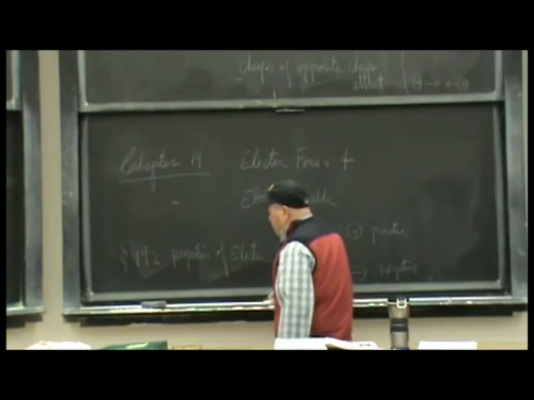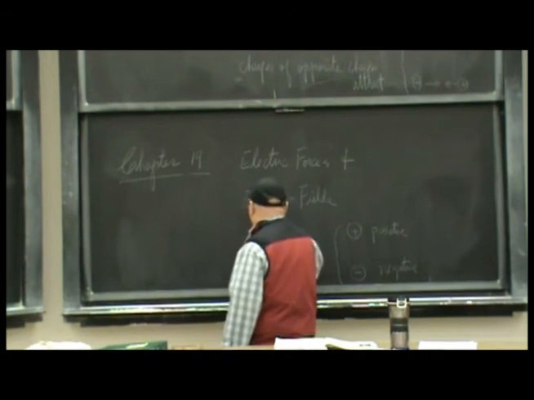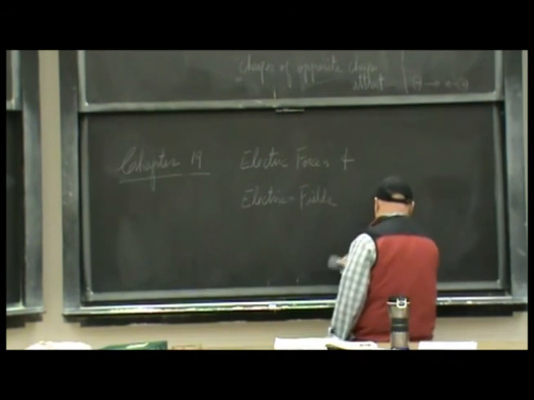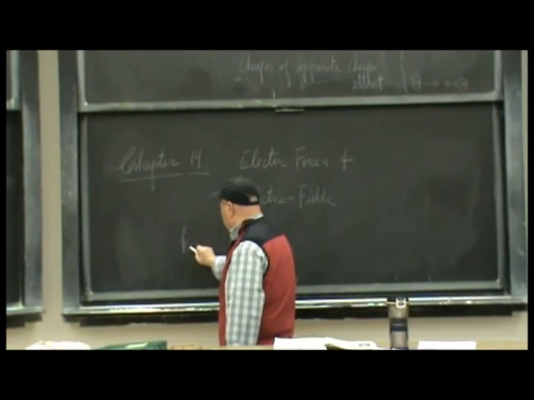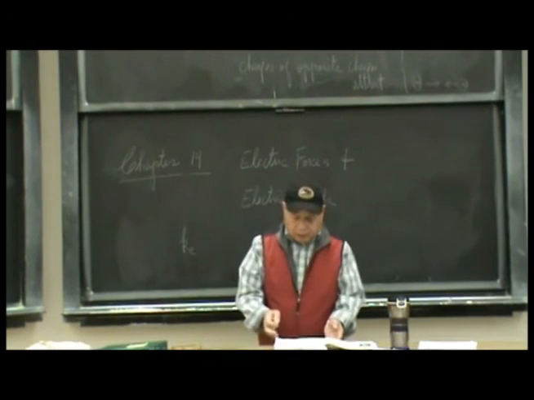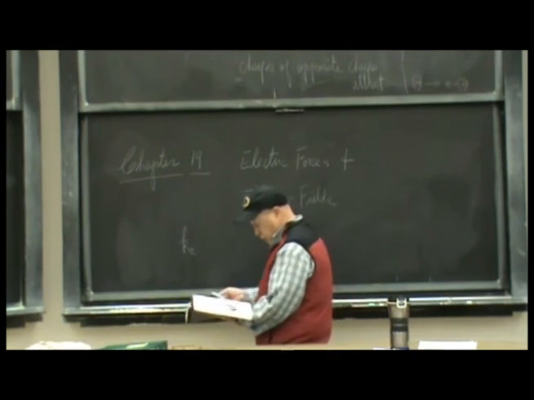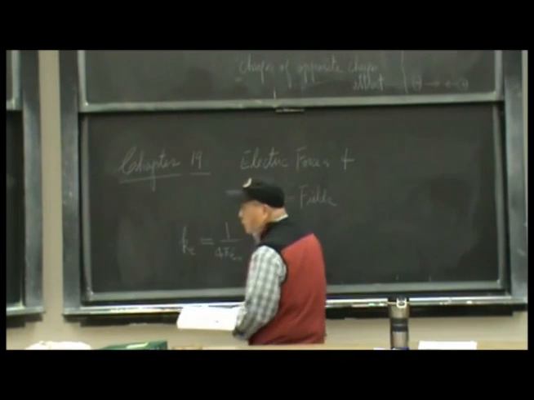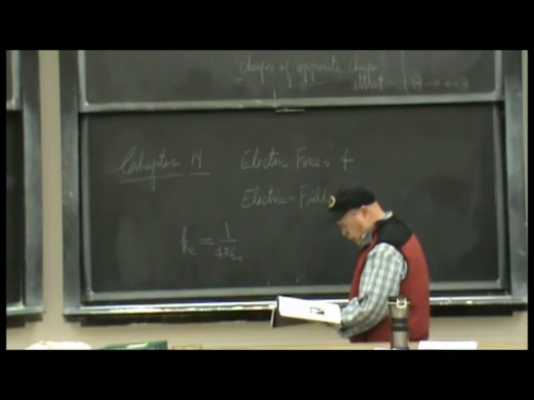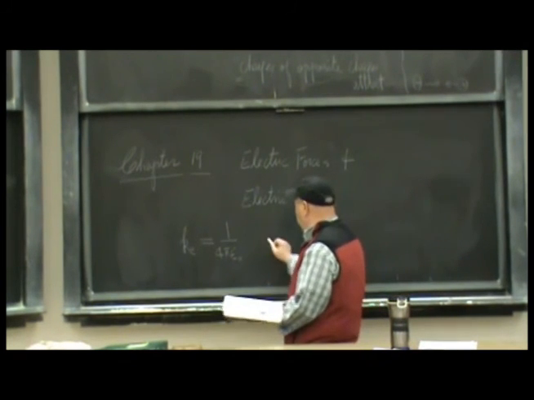From this, he defined K sub E himself. K sub E is related to the material constant. K sub E turned out to be a constant, almost like the G in gravitation. K sub E is equal to 1 over 4 pi epsilon sub 0, where epsilon sub 0 is the permittivity of free space.